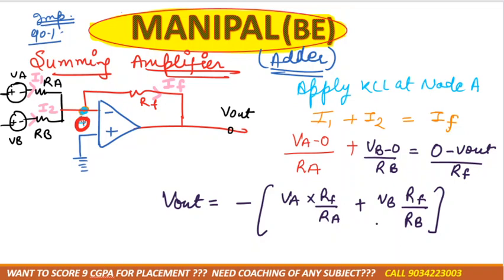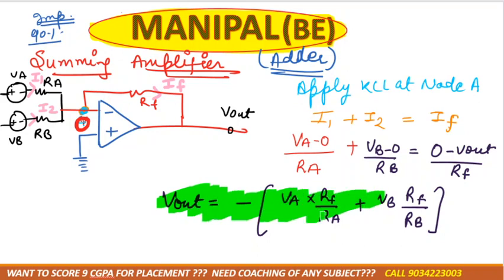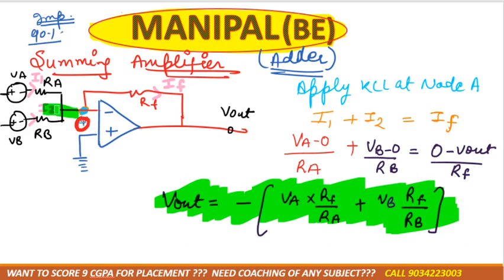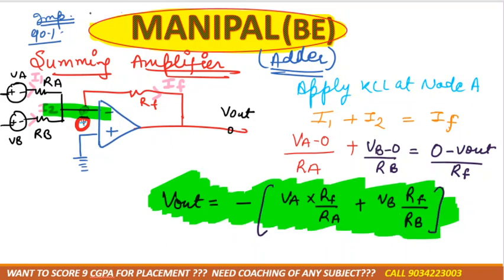Correct? So this is the main formula for the summing amplifier. As you can see, the voltage is connected with the negative terminal, right? So in this case, the output will be negative.